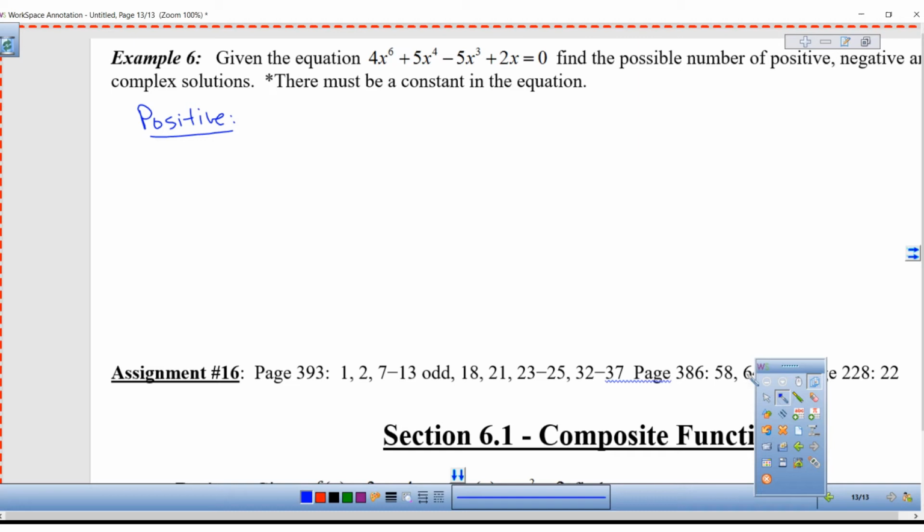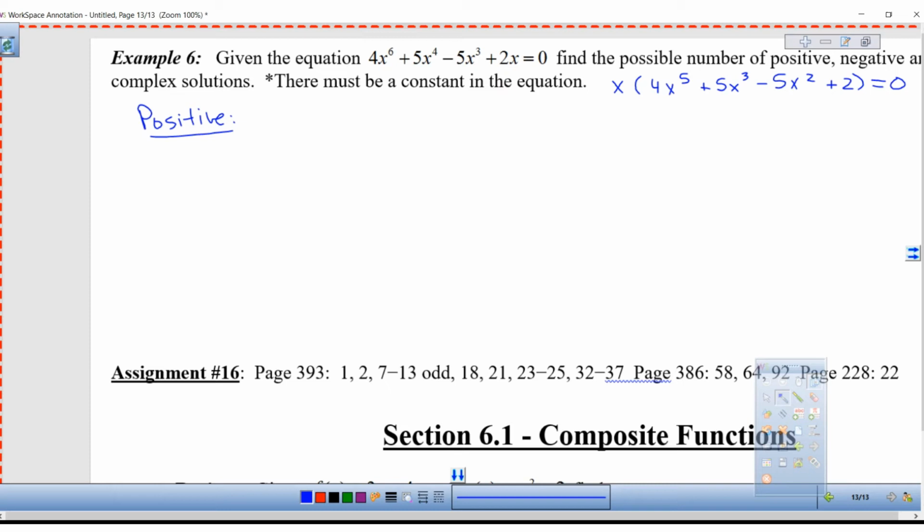I'm going to take out an x. So if I take out an x, then I'm left with 4x to the 5th plus 5x to the 3rd minus 5x to the 2nd plus 2 equals 0. Now I'm going to analyze the sign changes of the inside.